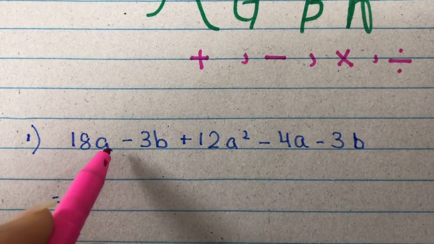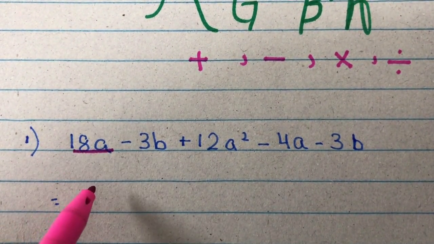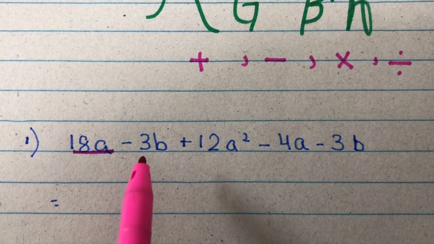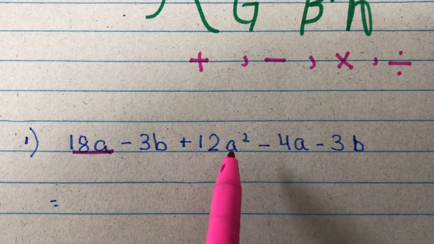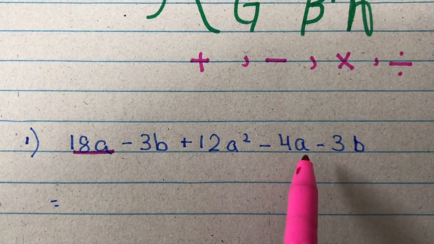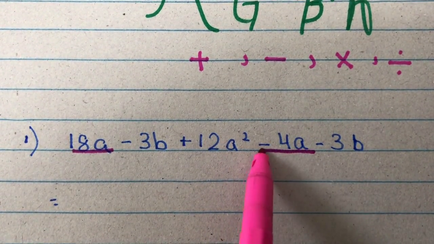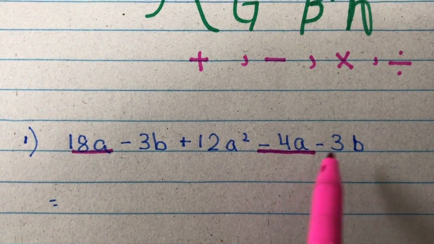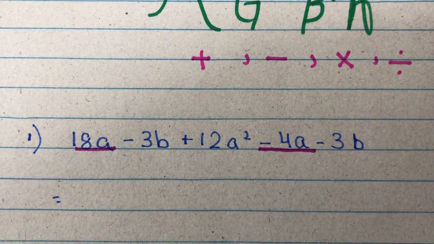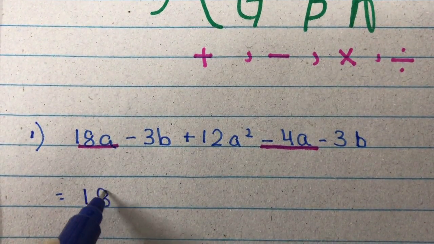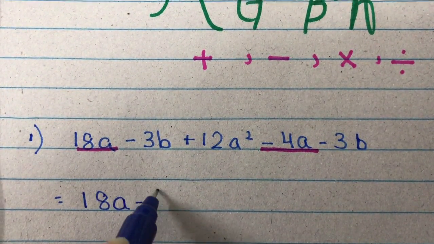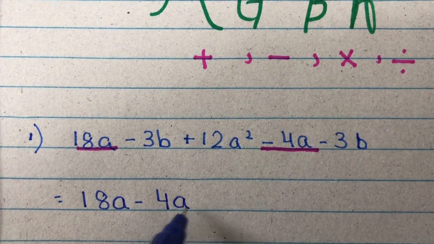So now let's underline the first one, 18a. Now go ahead and find out another a somewhere. This is not an a, this is a square. A, I spotted. So I am going to underline it with the sign. There's no more a's. Now I am going to just copy them down together.